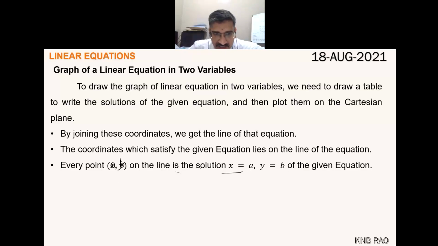Is it clear? If you have understood, put a thumbs up. Every point a comma b on the line is the solution of that given equation, so we call x equals a and y equals b the solution of that equation.